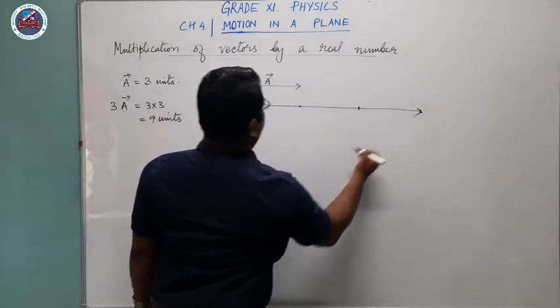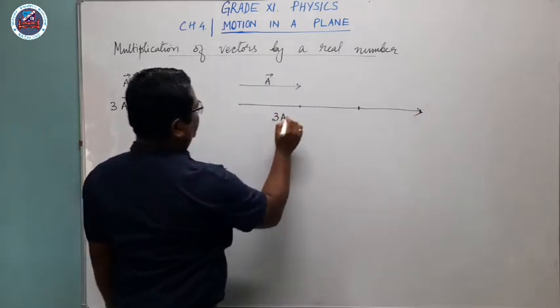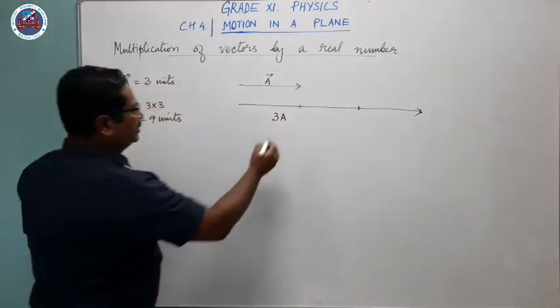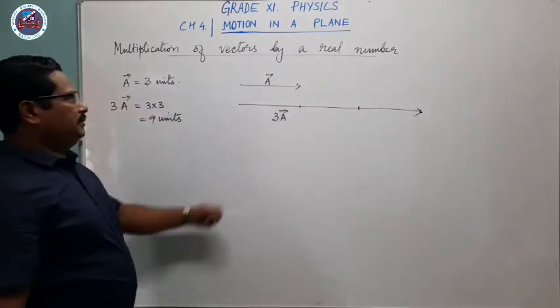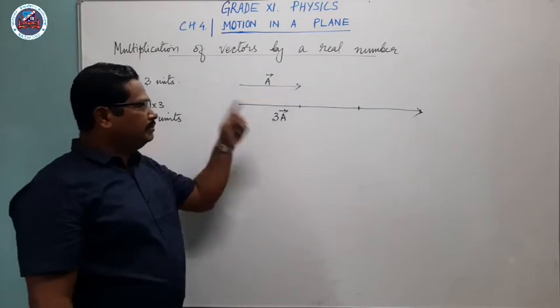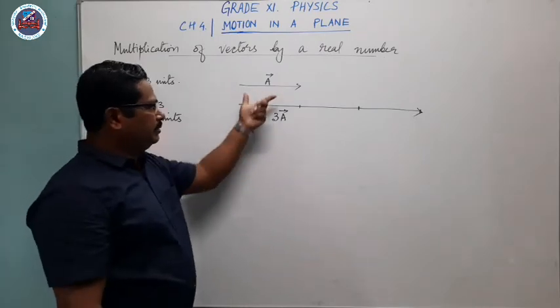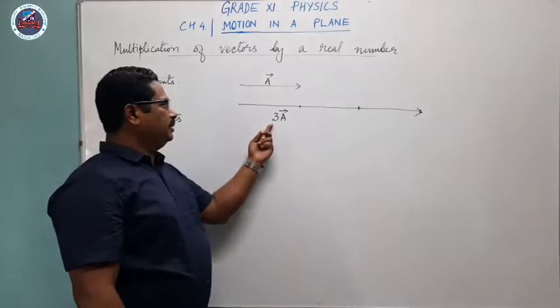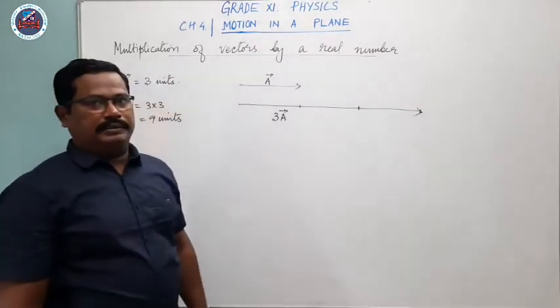It will become this much length, it will represent 3A. It's very simple, you can see very clearly that if it is 1 centimeter, then if you multiply 3 times, the length will increase 3 times. It will become 3 times vector A.